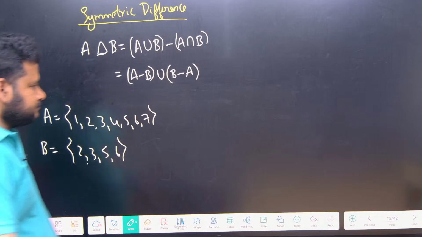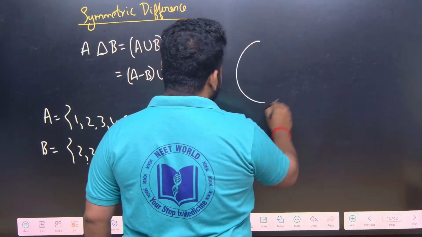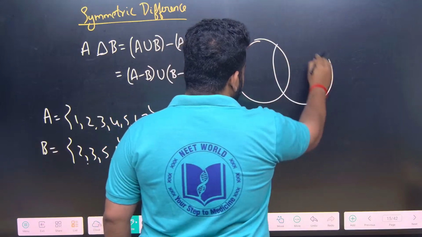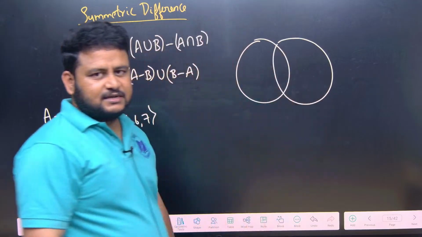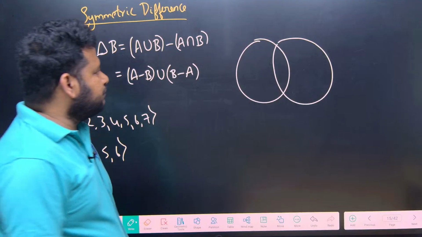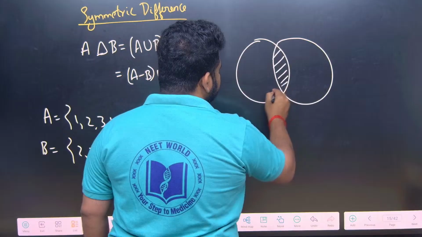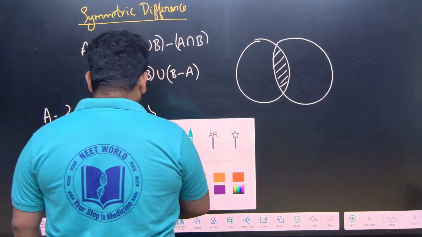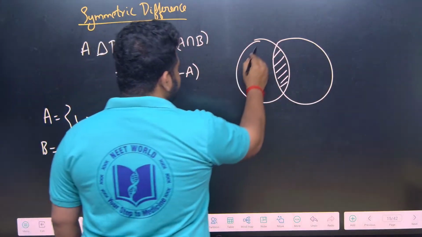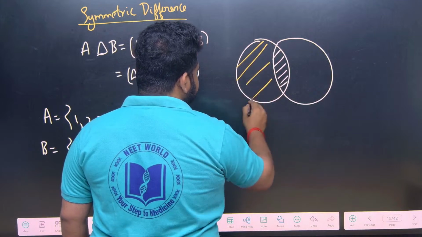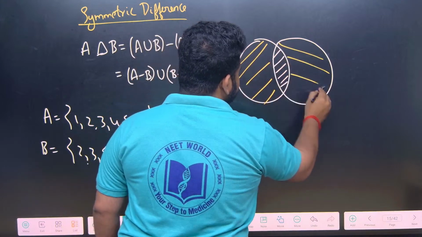See here, there will be set A and there will be set B. In symmetric difference, whatever the common things are, you remove them, and whatever is left over in both the sets, you write it.